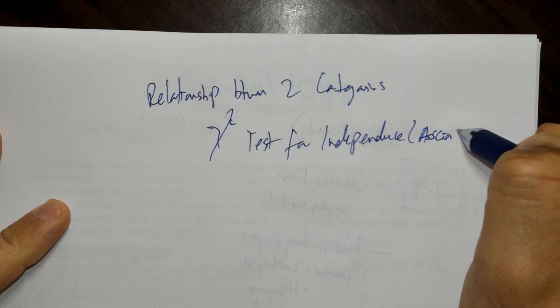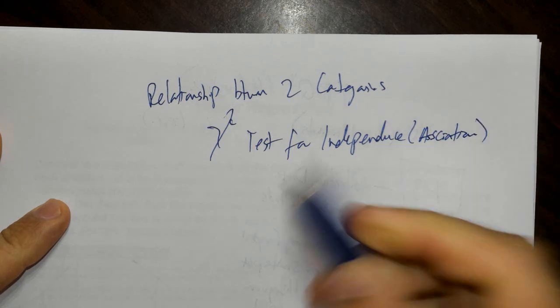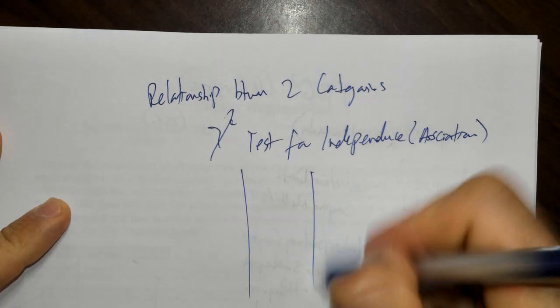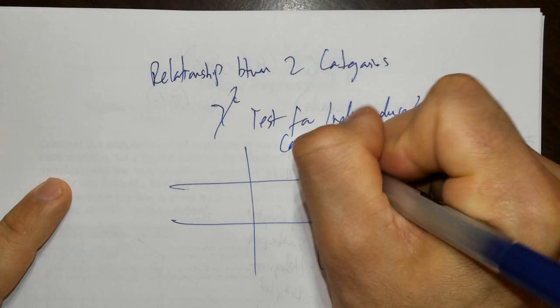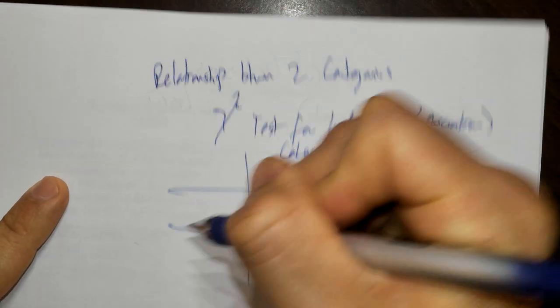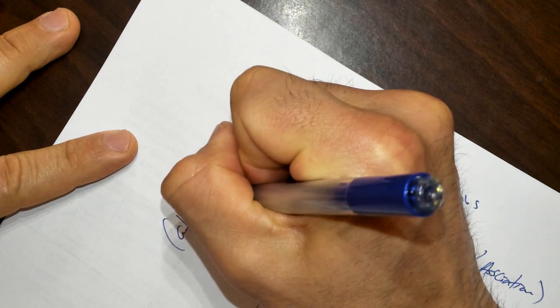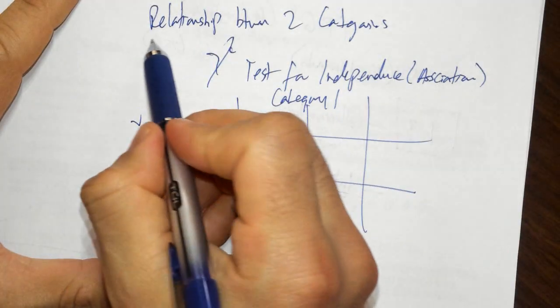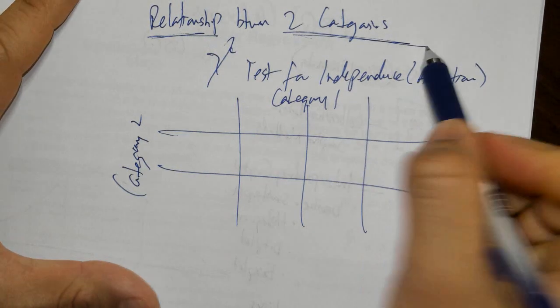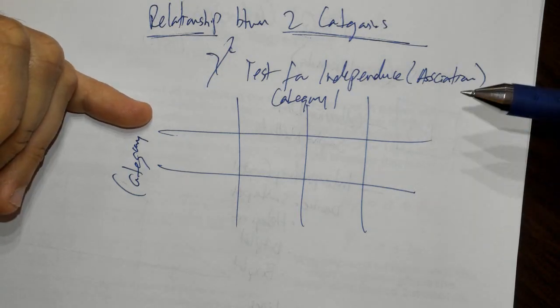Are these associated? And we spoke about this last time with a two-way table, right? And we were looking at category 1 versus category 2. And we were saying, hey, are these two associated or independent of each other, right? So when you're trying to identify the relationship between two categories, we go with the chi-square test of independence.